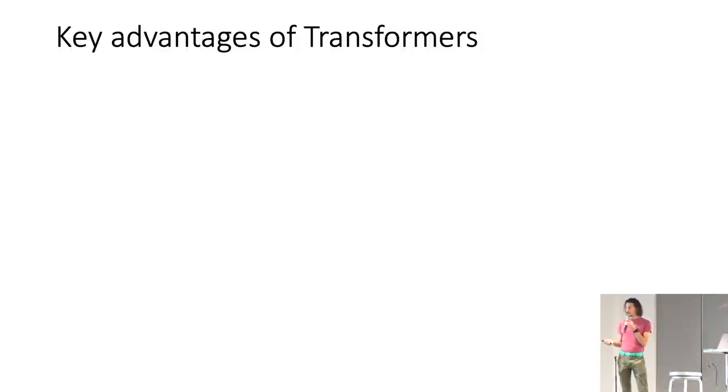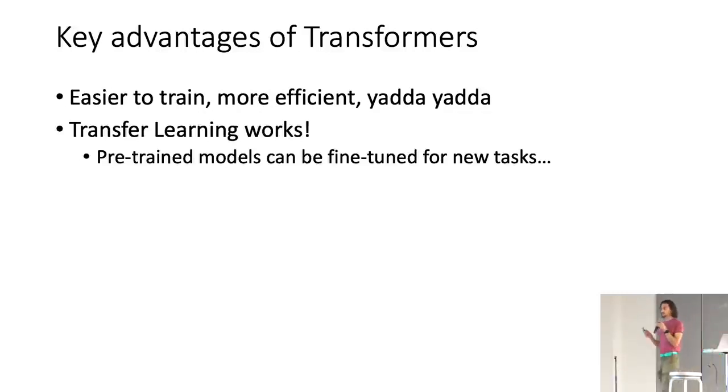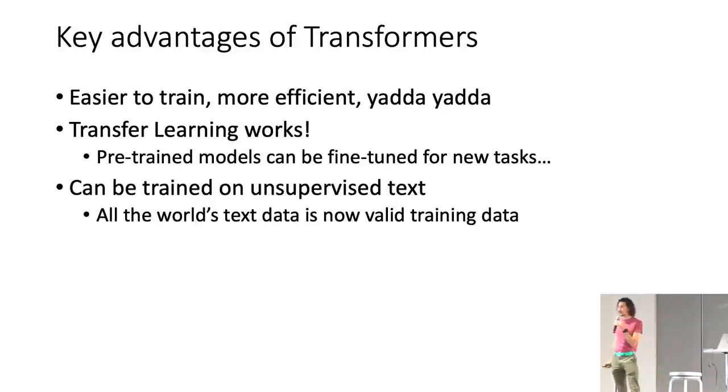So to sum up, the key advantages of these transformer networks: yes, they're easier to train, they're more efficient, and all that. But more importantly, transfer learning actually works with them, right? You can take a pre-trained model and fine-tune it for your task with a specific data set. And another really critical point, which I didn't get a chance to go into, is that these things are originally trained on large quantities of unsupervised text.